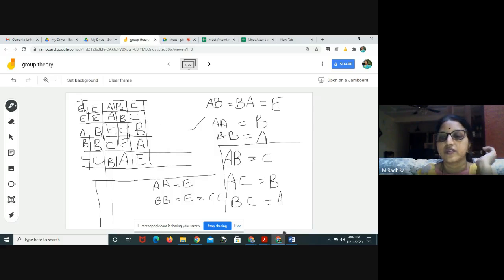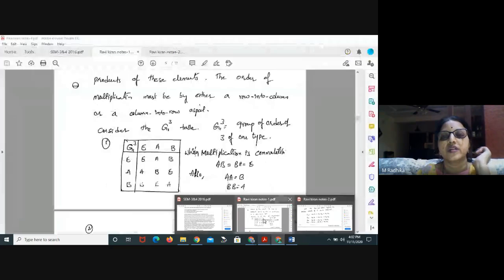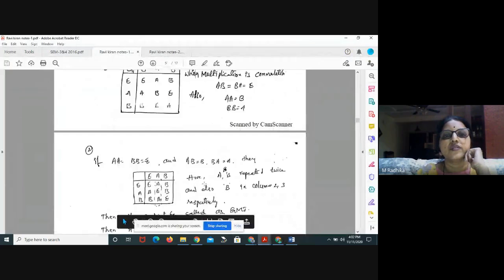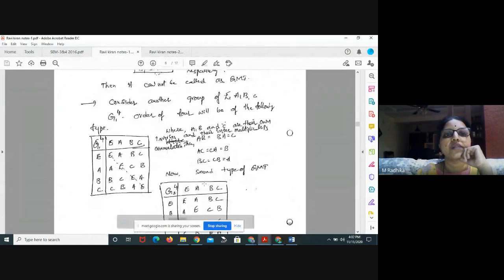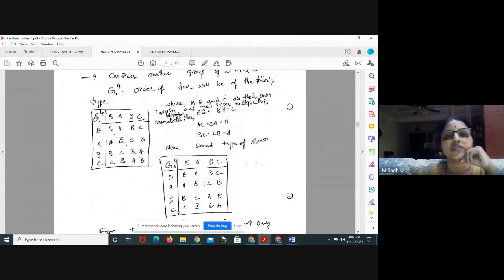So just go to the notes. Okay, we were talking about G4. So G4, what did we tell? We should see that AB equal to BA, which is equal to C. AC, CA equal to B, BC equal to CB, which is equal to A. Later on, you will see that on the diagonal, you have all the identity elements.